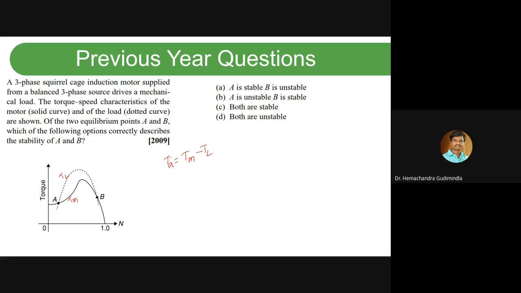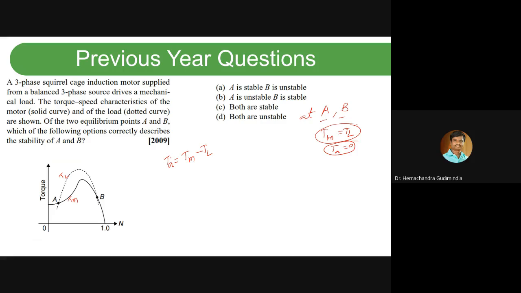Under the equilibrium points A and B, Tm and TL are the same. At points A and B, Tm equals TL, so Ta equals 0, because those are the equilibrium points.